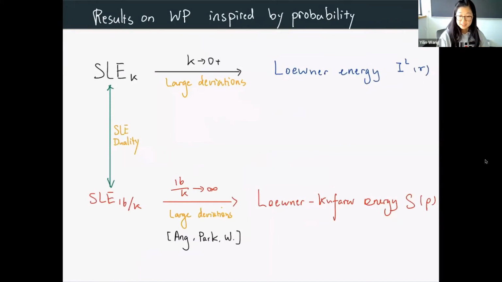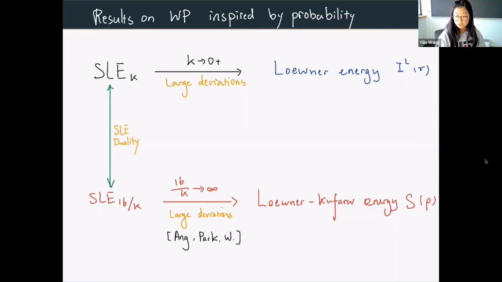So one can expect that if I have a large deviation result for a small kappa, it should be related to some large kappa large deviation. In fact, we obtained a result where we study the large deviation of SLE 16 over kappa when kappa goes to 0, so the ratio goes to infinity, in joint work with Maurice An and Ming J. Park.